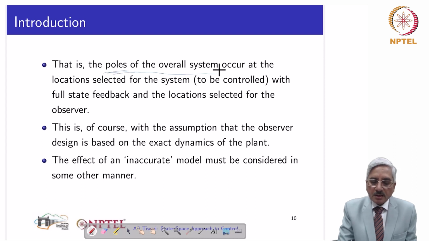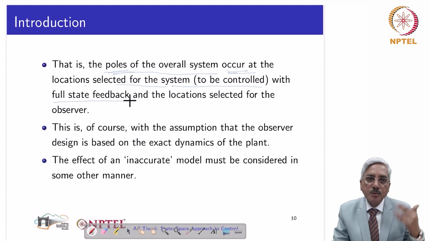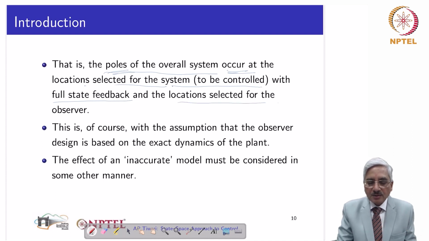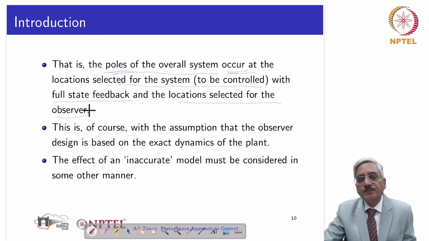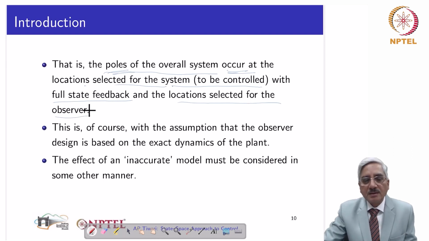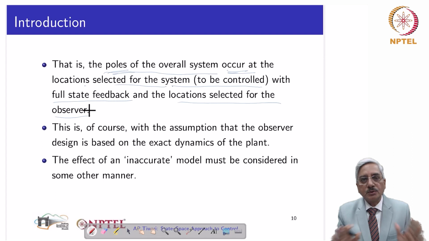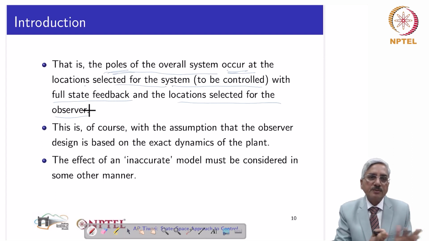The poles occur at the locations selected for the system to be controlled with the full state feedback, and the locations which were selected for the observer. So the poles of the overall closed loop system comprise the poles of the closed loop state feedback control system and the observer system.